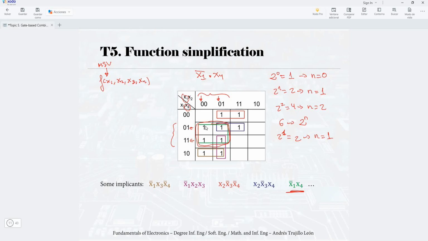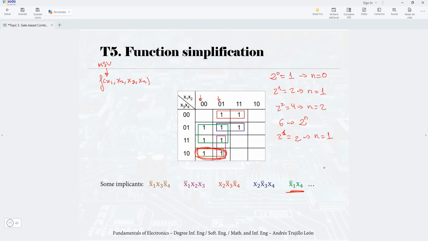We are going to remove this, and we are going to see more examples. For example, this allowed group of 1s here. Here the variable that remains constant is again x1, and it's going to be complemented because it's 0.